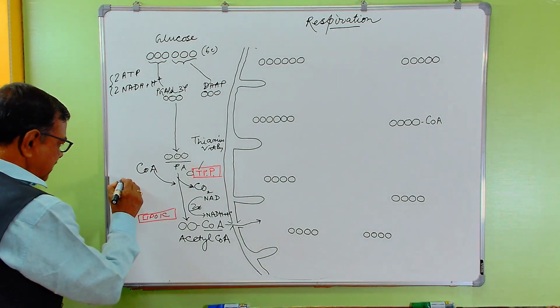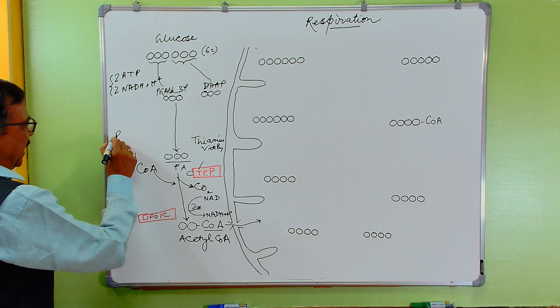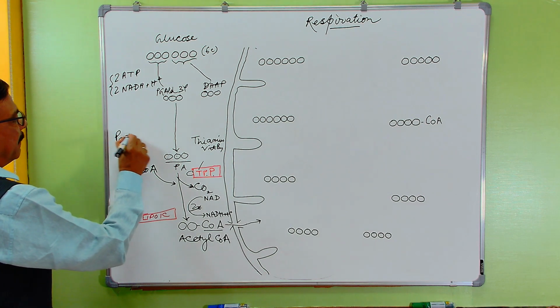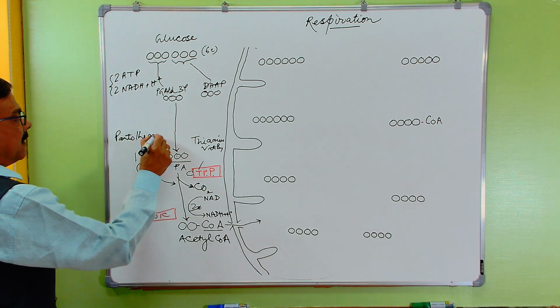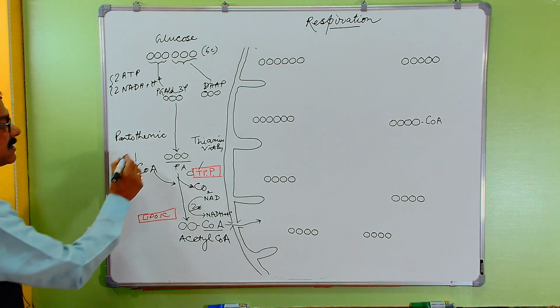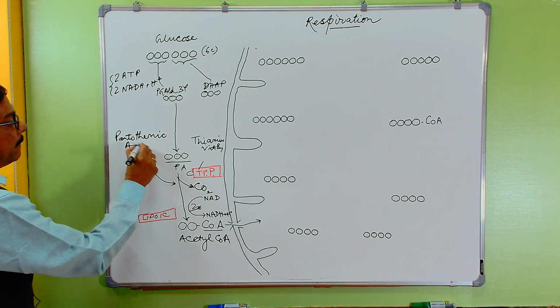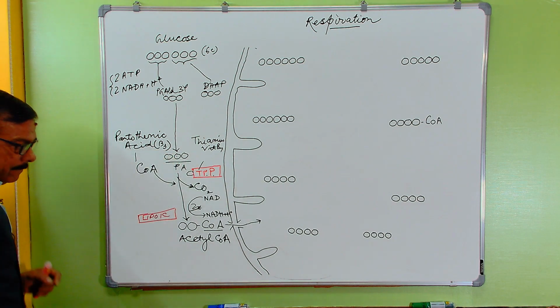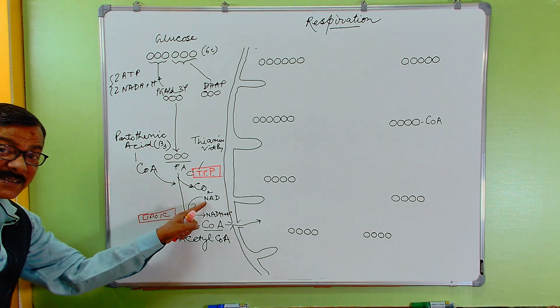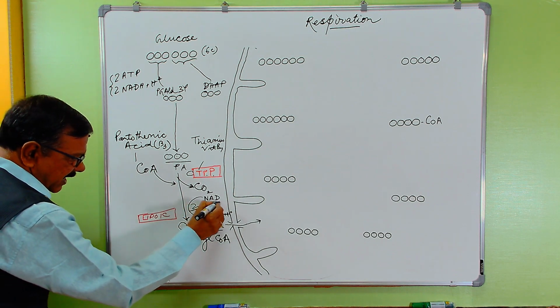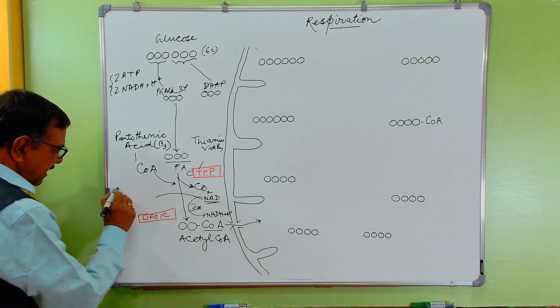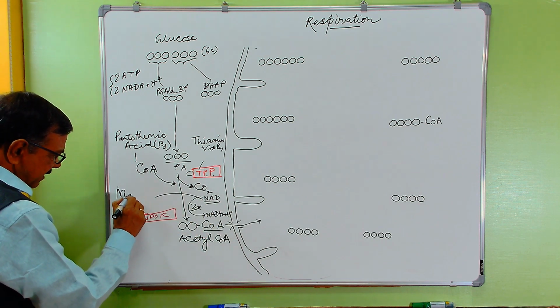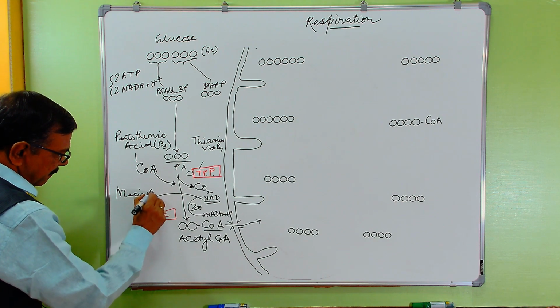Here the coenzyme is somewhat related to pantothenic acid. This is vitamin B3. Here you have seen niacin, somewhat related to niacin, vitamin B5.